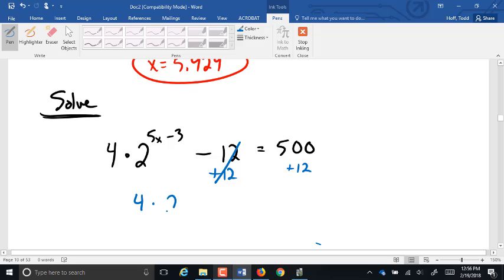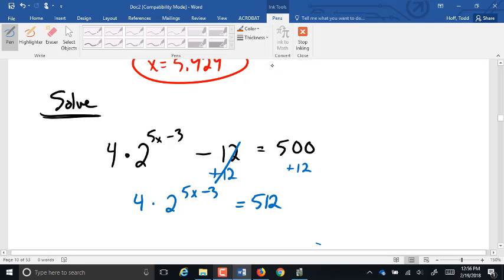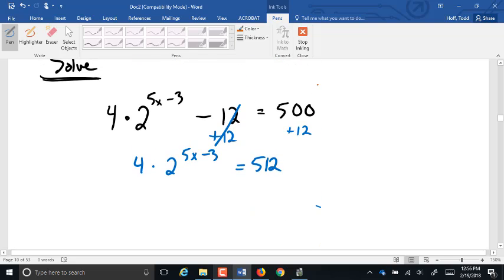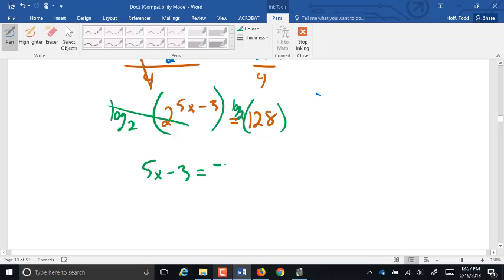Yeah, so 4 times 2 to the 5x minus 3 equals 512. And then divide by 4. 2 to the 5x minus 3 equals 128. And then log base 2 gives us 5x minus 3 equals 7.